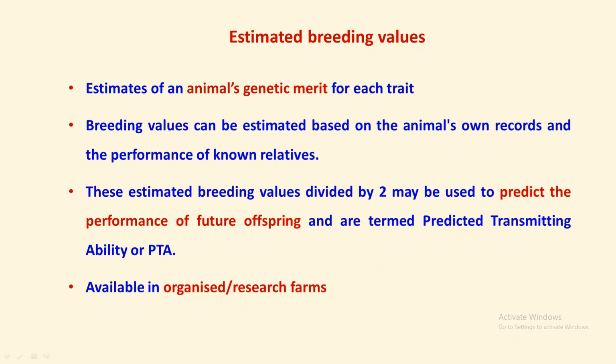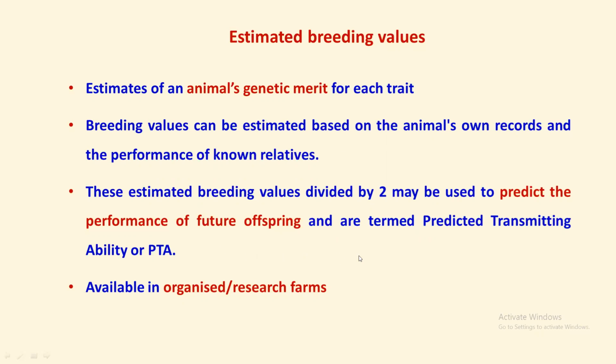And this estimated breeding value divided by 2 may be used to predict the performance of future offspring. That is called the predicted transmitting ability, PTA. And this estimated breeding value is mostly used in organized and research farms. This is what is written.